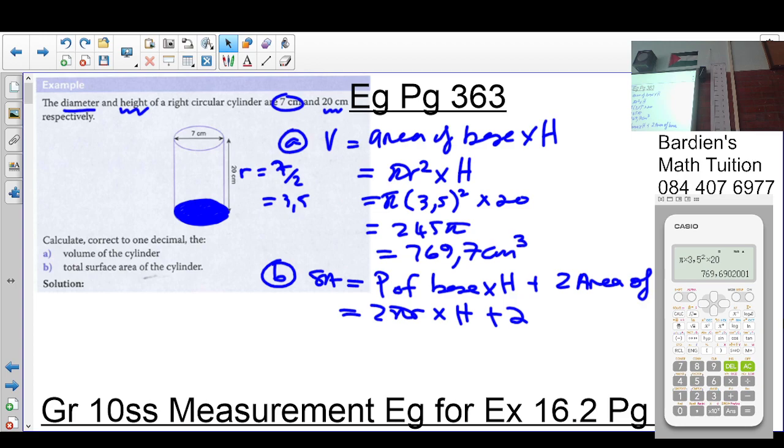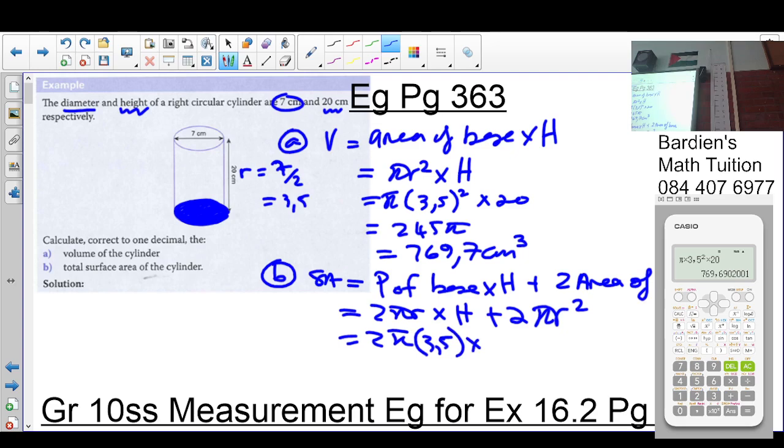Okay. So what do we have? Twice area of base. How do you calculate the area of a circle? Pi r squared. So let's go. It's going to be 2 pi times the radius, 3.5, times the height, which is 20, plus 2 pi times the radius, 3.5, and it must be squared. Let's put that in a calculator.